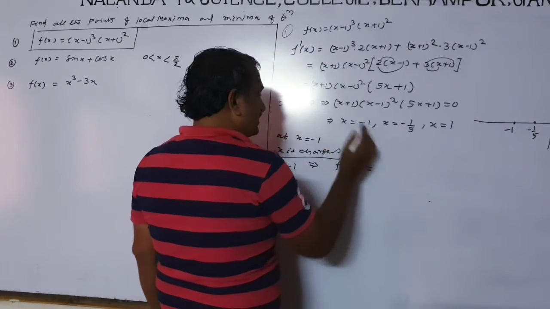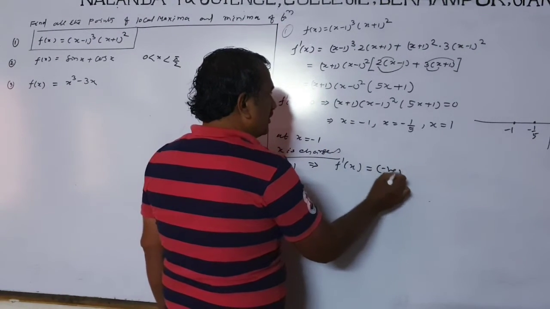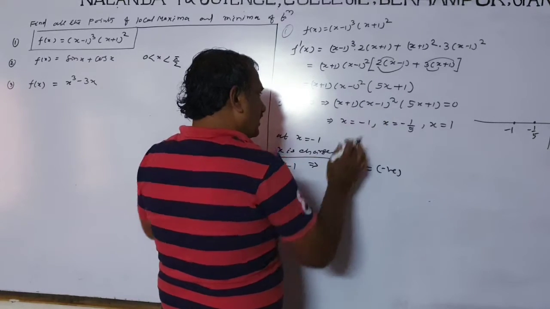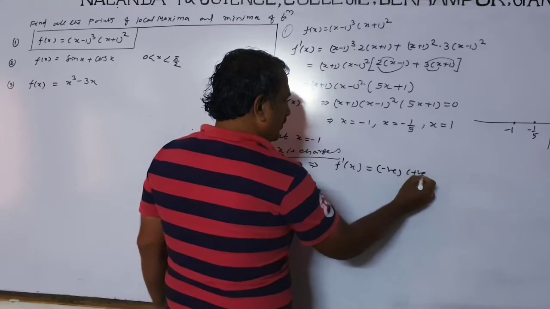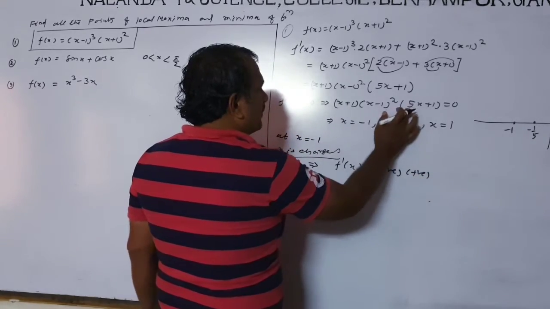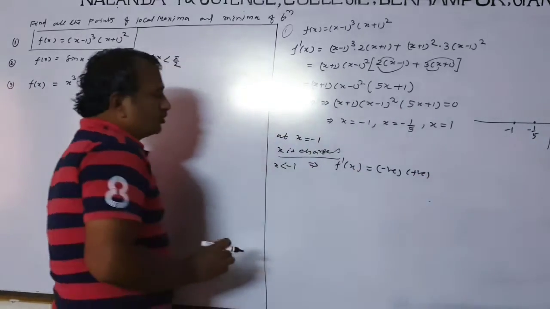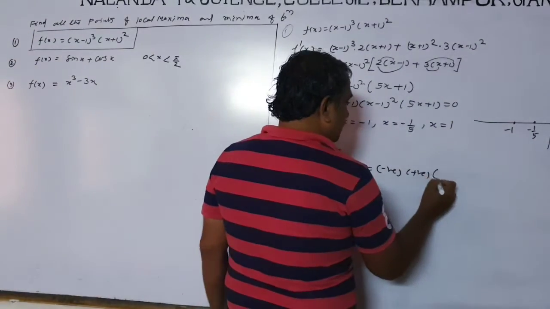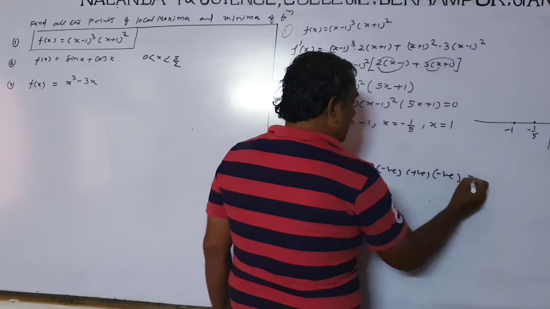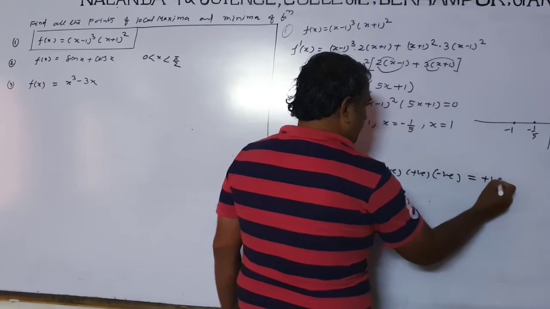Less than -1 minus 2, so this is also negative. So finally it becomes positive.